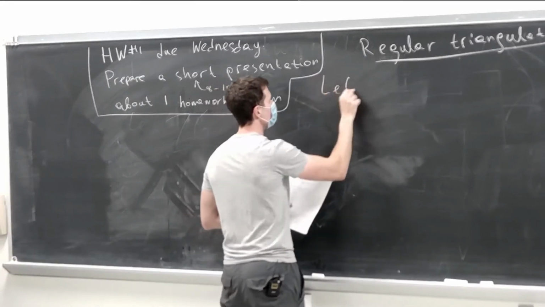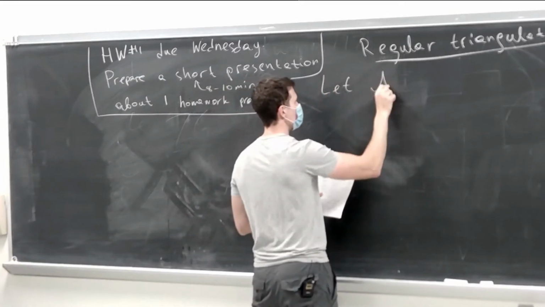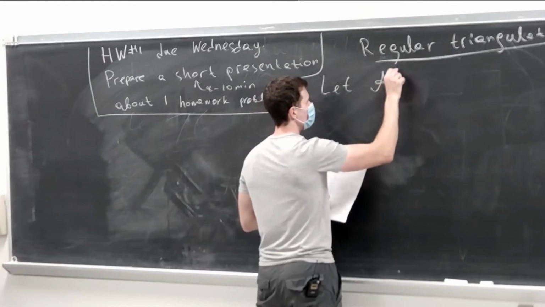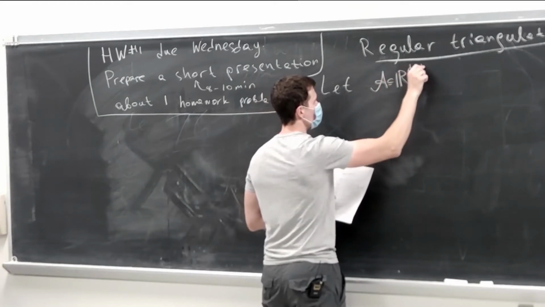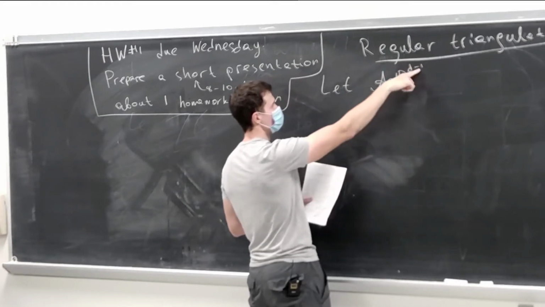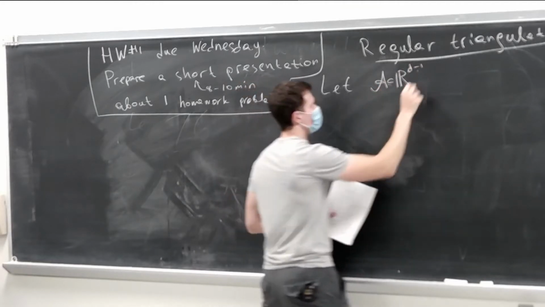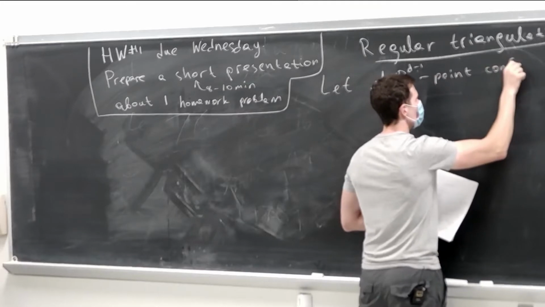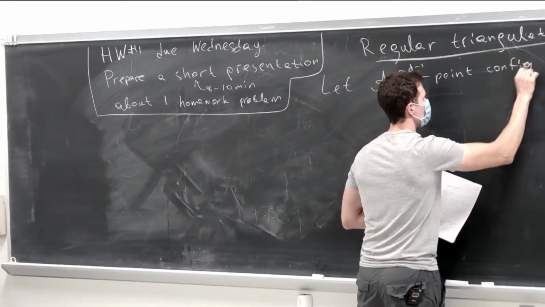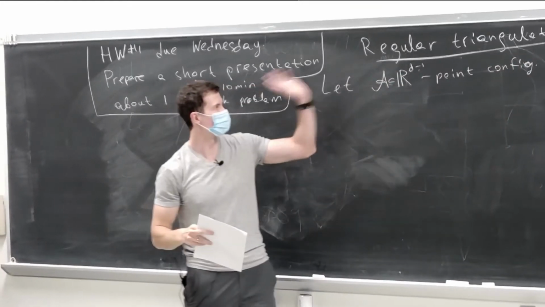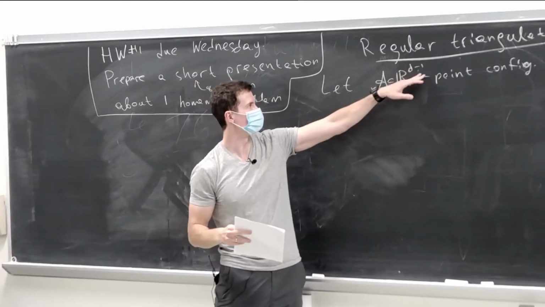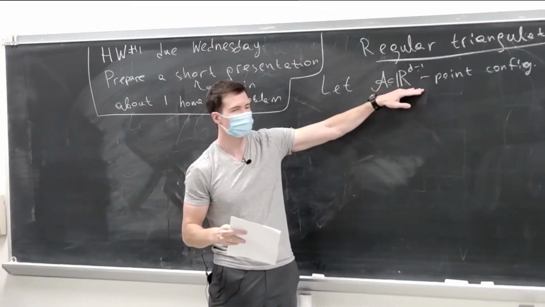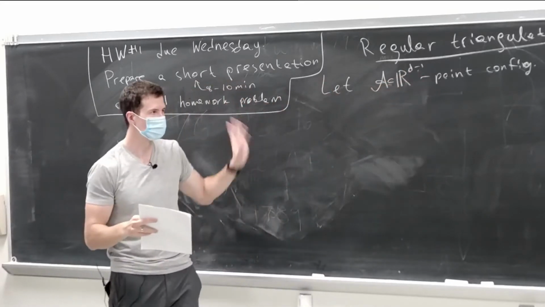Today I'm going to switch to point configurations in R to the d minus 1. Previously this was d, now this is d minus 1. Why is it d minus 1? Because throughout the whole class, d is going to be more convenient to denote this by d minus 1 for some reason.